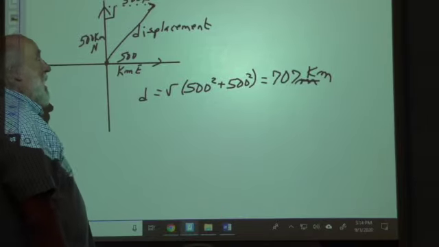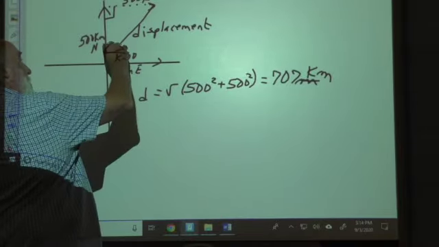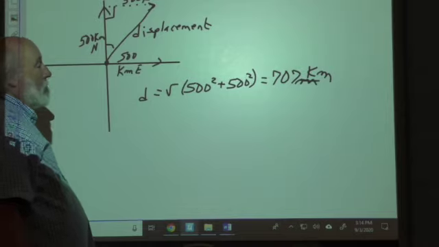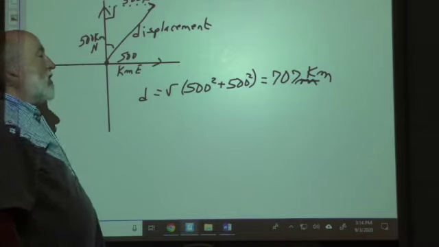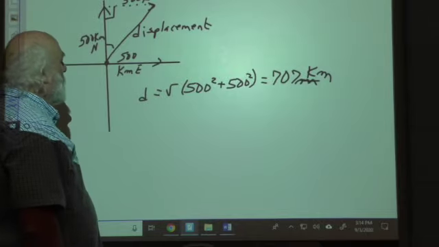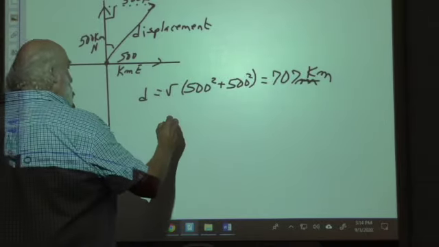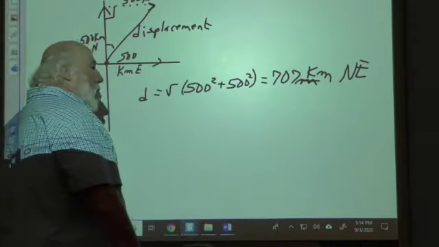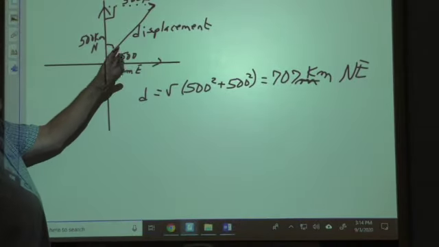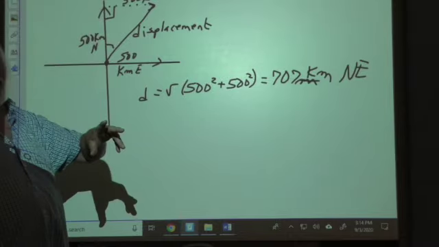But now we've got to know what this angle is right here. Well, if it's going to equal distance north and east, then we say that this is northeast. That's the direction. Now that only happens when it's evenly divided between the two measurements.